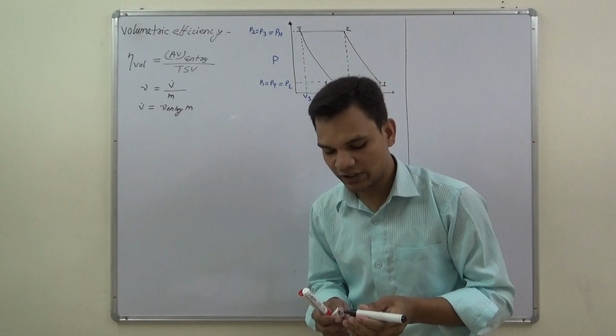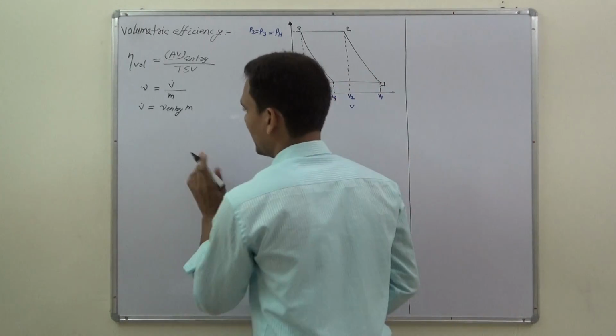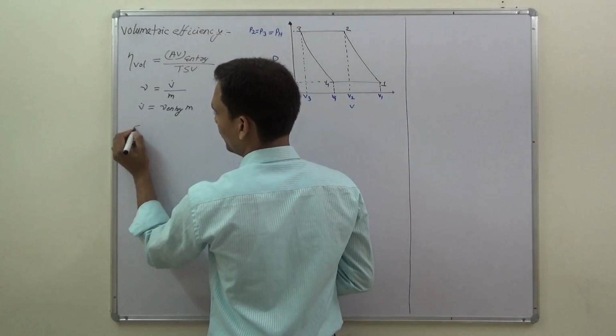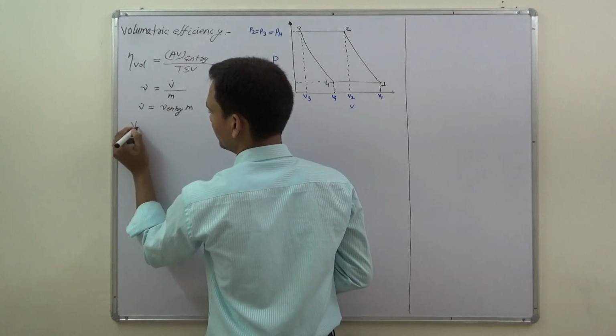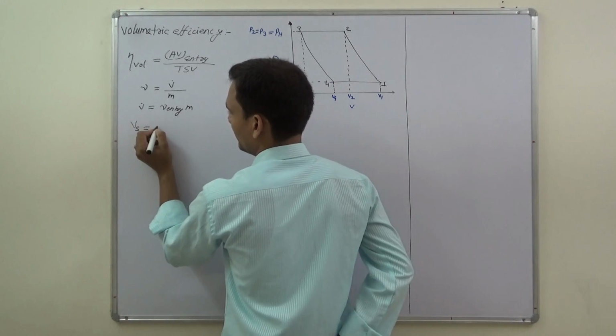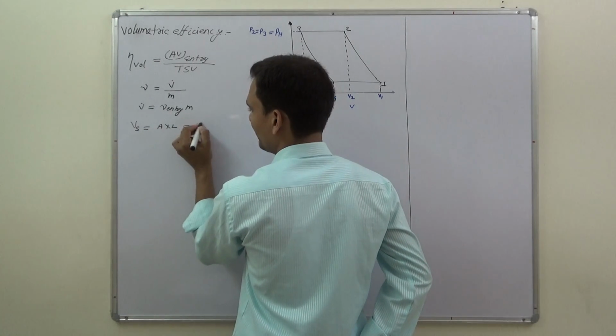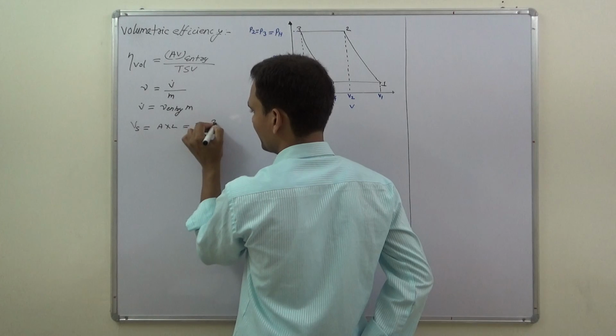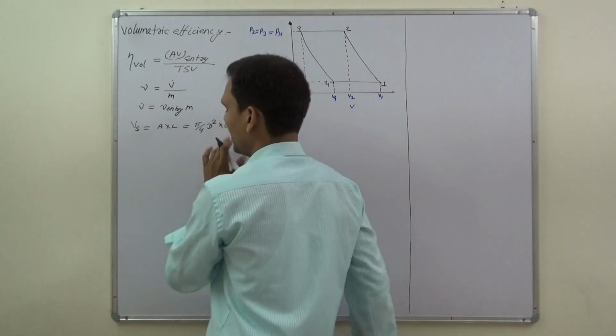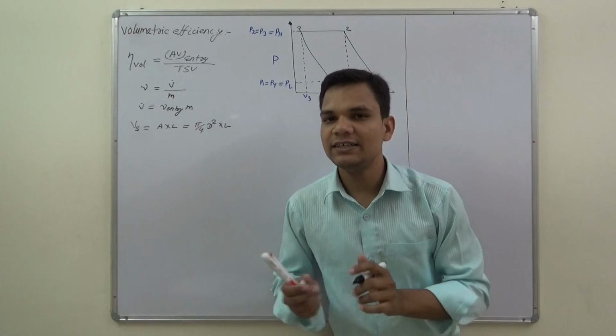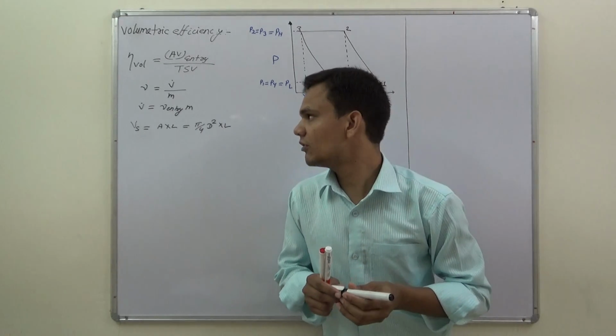If we talk about theoretical swept volume, then we can write theoretical swept volume Vs is equal to area into length. Area we can write pi by 4 d square multiplied by L, where d is bore or diameter of cylinder.